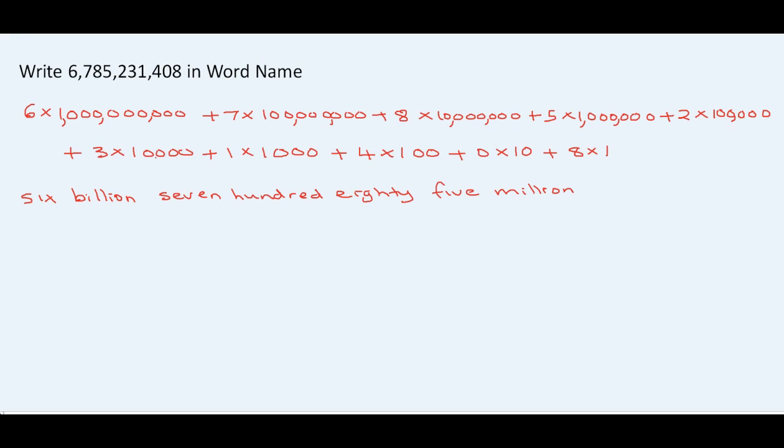We have 30,000 here, and we have 1,000. So we have 231,000. Then we have 4 times 100, so 400, and then 8.